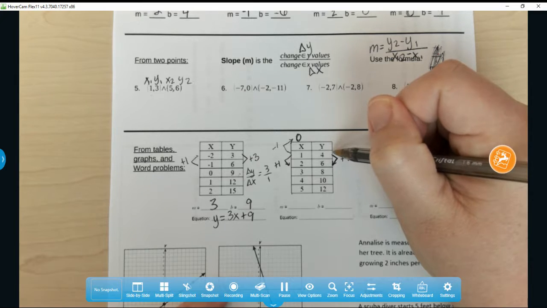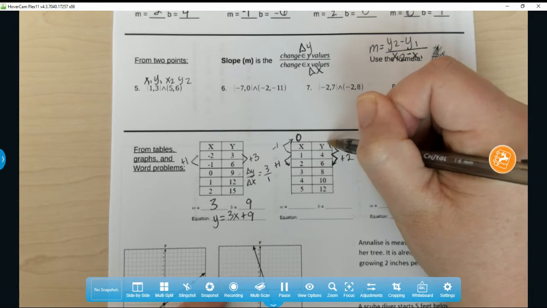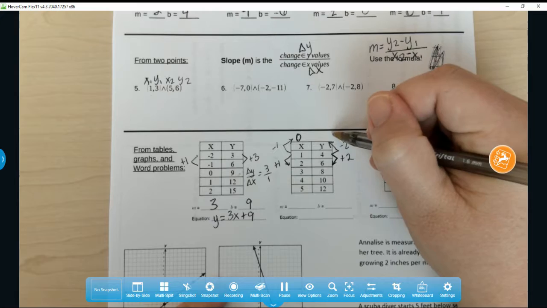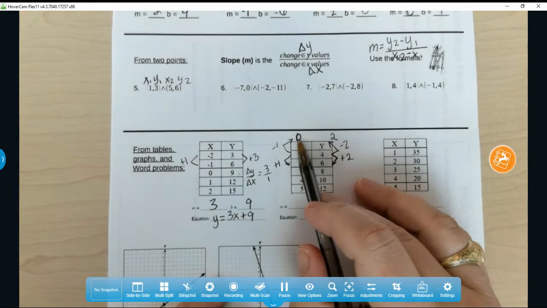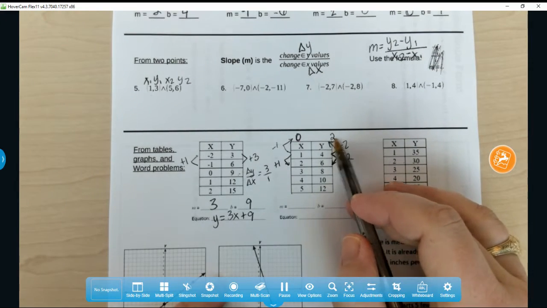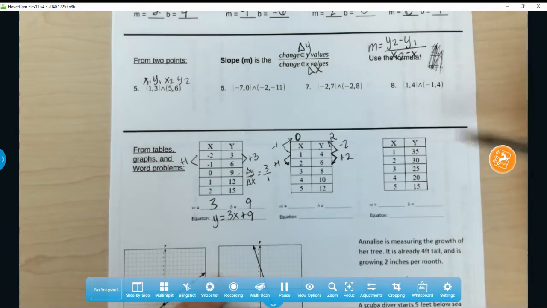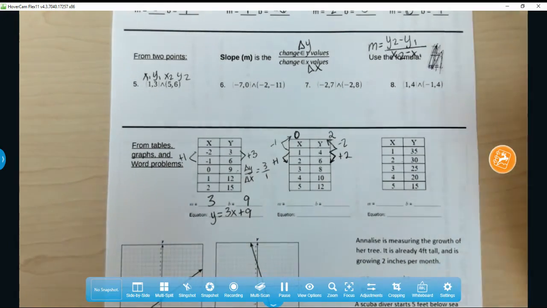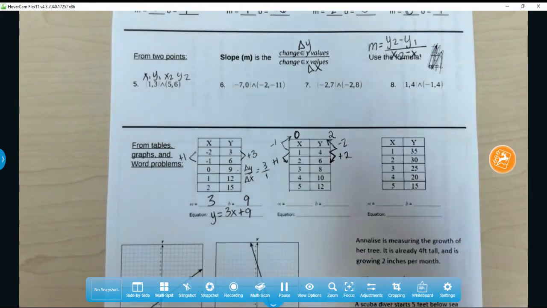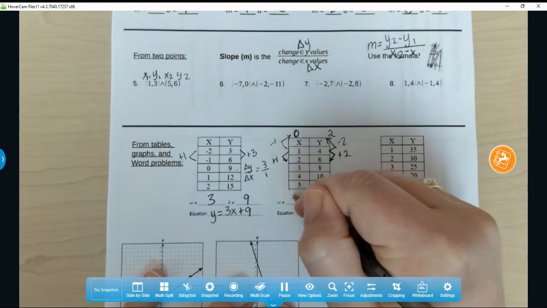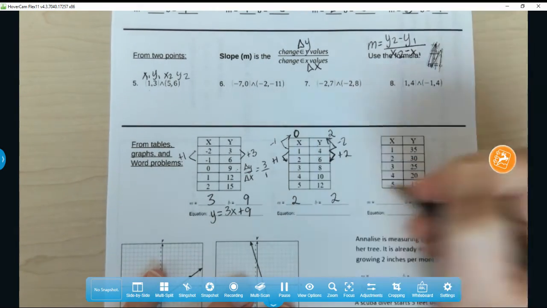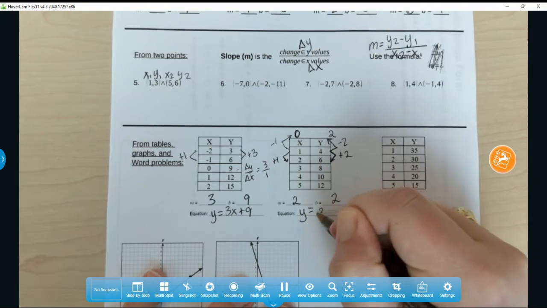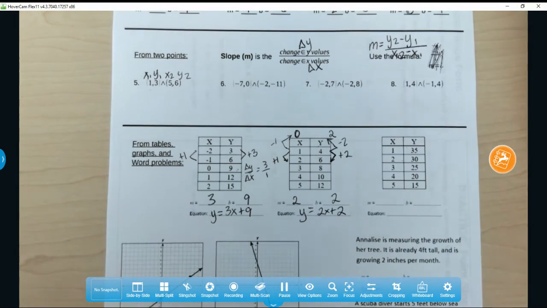And then same thing here. If I want to go backwards, I would subtract 2, which means I would have a point at 0, 2. So that's actually my y-intercept. You could do that, that way if it's easy for you to see the pattern. But it's just you're choosing, should I use my equation or can I just see that pattern? So I know my slope is 2. And then I just figured out my y-intercept is 2. So that'd be y equals 2x plus 2.